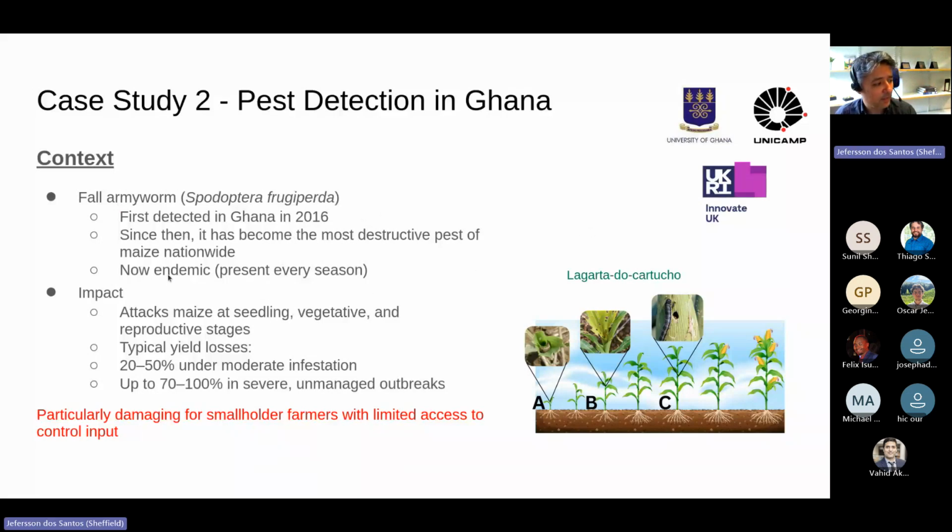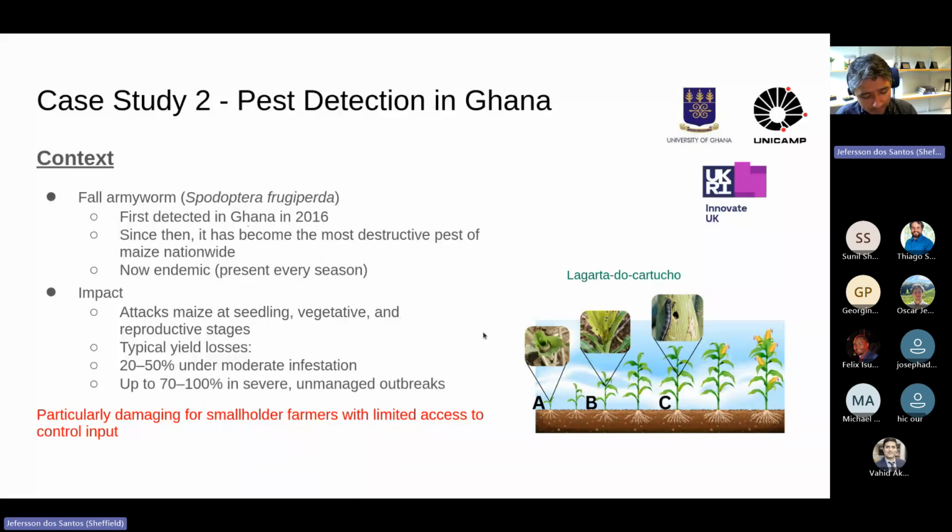Now it's considered endemic, so it's expected to have this pest in every season, and it impacts the production of maize there a lot, and it attacks the plants in several phases of the plant, so it's very complicated.